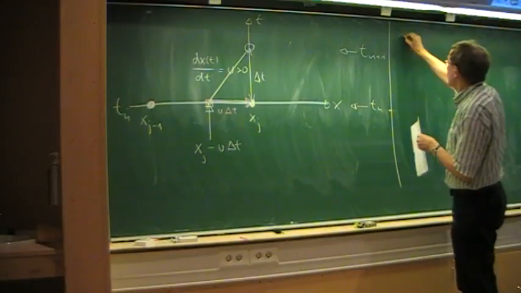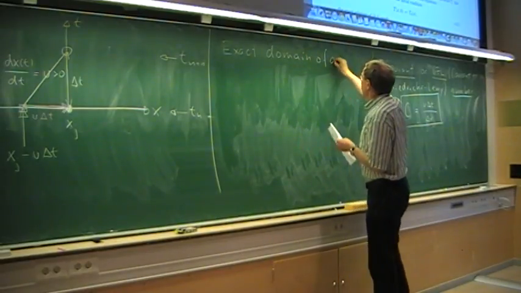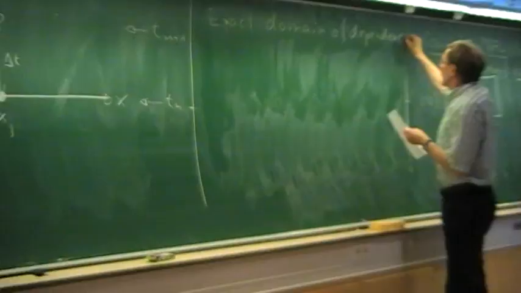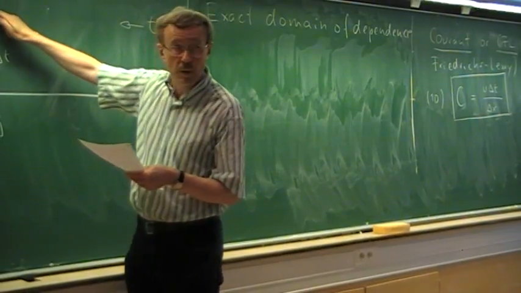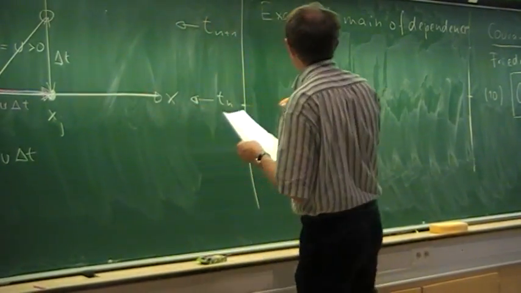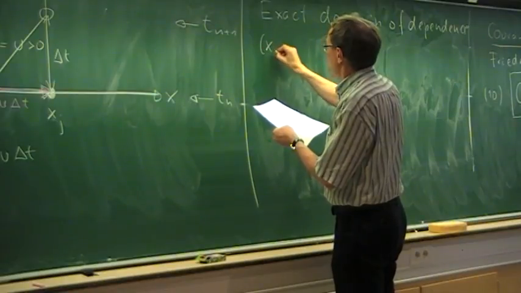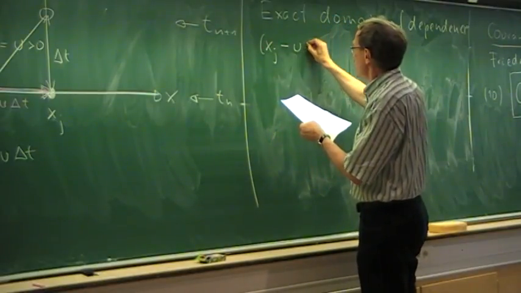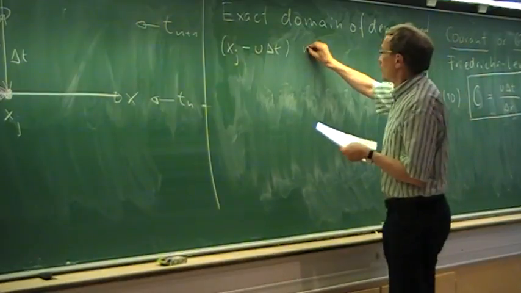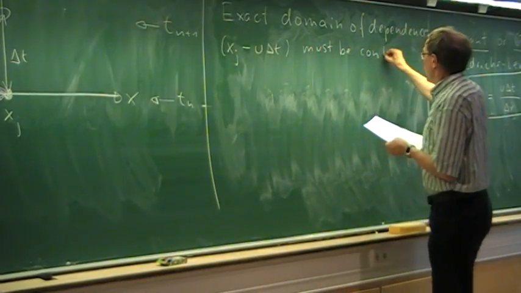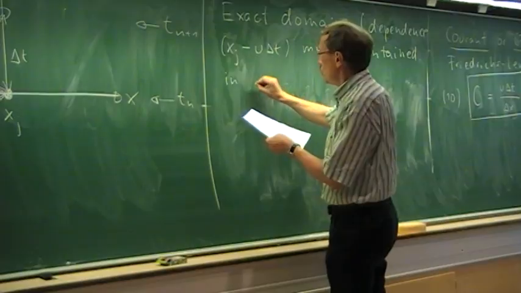So we require that the exact domain of dependence of the solution at the new time level at xj, and that is the point xj minus u delta t, there is just one point, must be contained in the numerical domain of dependence.